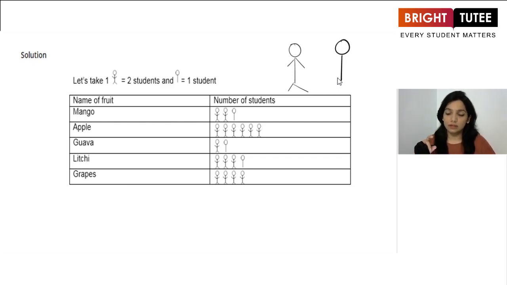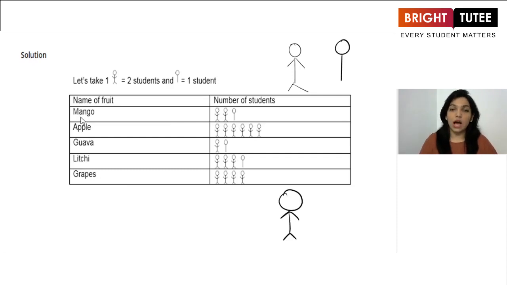So do you see here, the student image that you see is representing two students, and this is the symbol that we are using, right? So now instead of using all those faces, we are just putting this child symbol. And when this complete symbol is seen, it is two students, and when just a single stick is seen with the top head, it is one student.